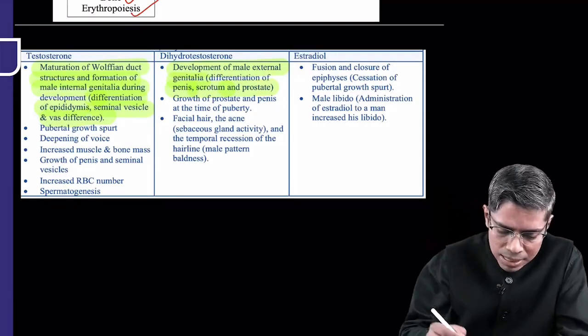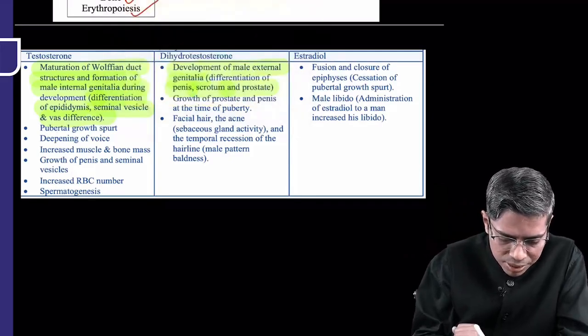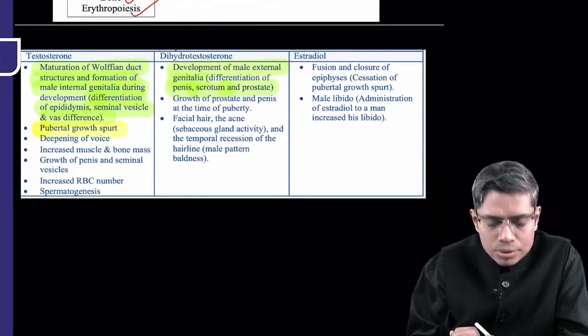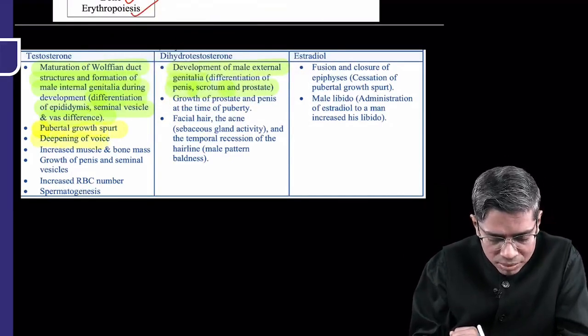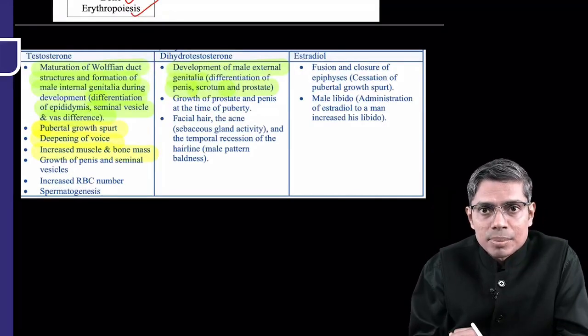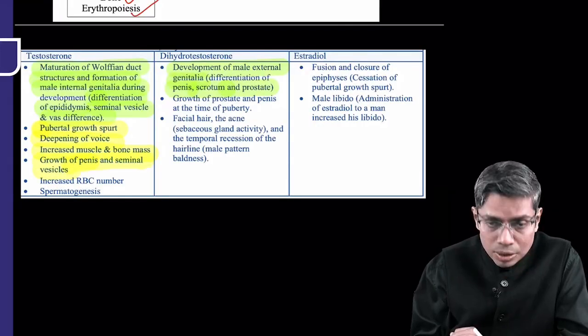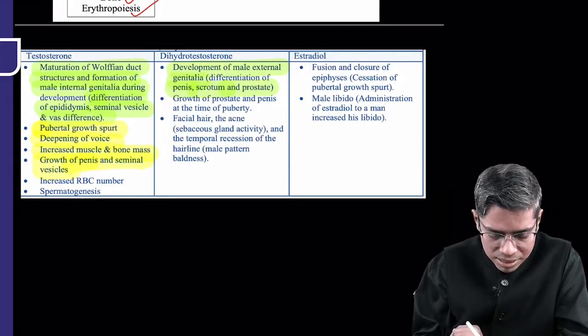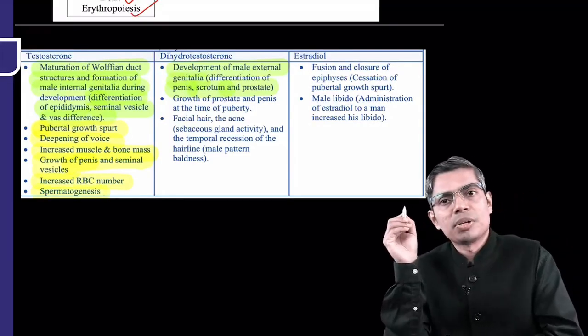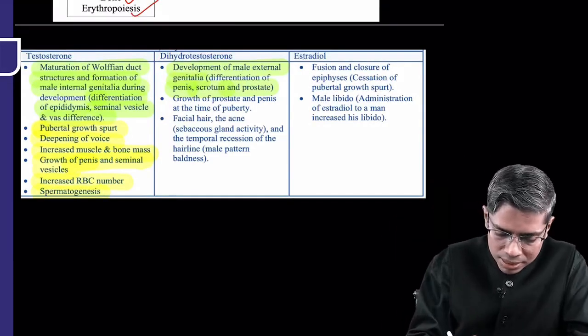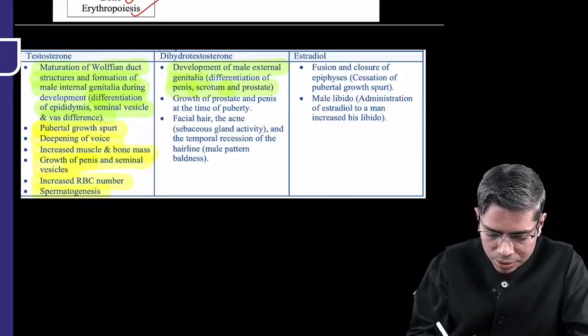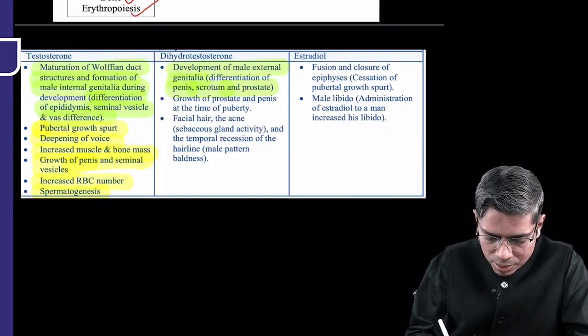Now, not only that, if you look at the second function here, the pubertal growth is also done by testosterone. Deepening of the voice, increasing muscle mass and bone mass are also done by testosterone, right? Growth of the penis and seminal vesicle, not the differentiation, not the development, and increase in RBC number as well as the process of spermatogenesis. Rather than testosterone, if you look at dihydrotestosterone, what is the function?